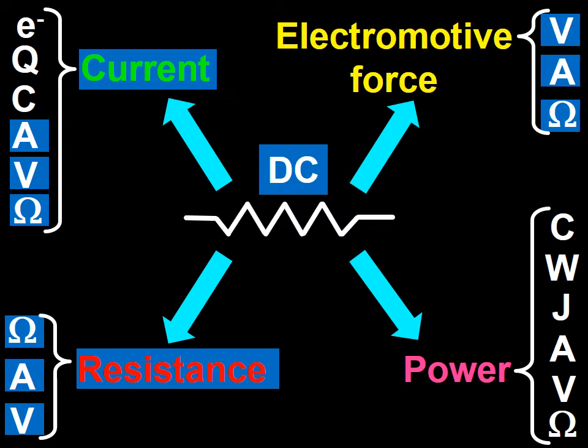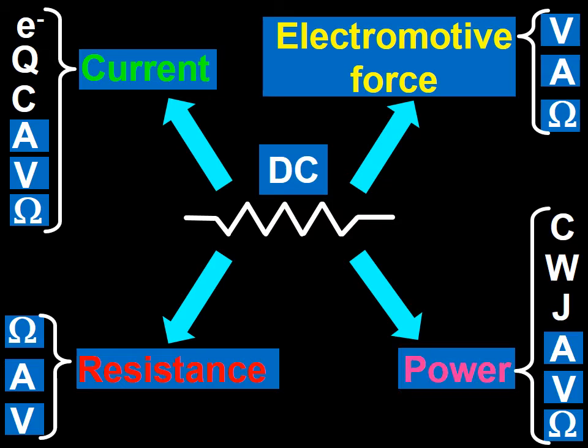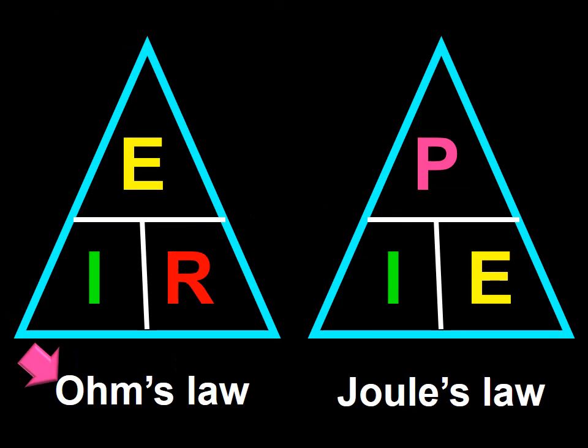They also repeat when analyzing electrical force, and they also repeat when analyzing power. This pattern of repetition speaks volumes about the importance of knowing how and when to use this law.